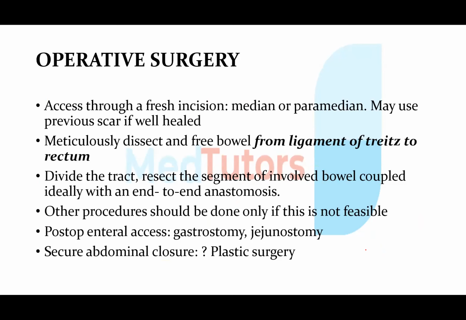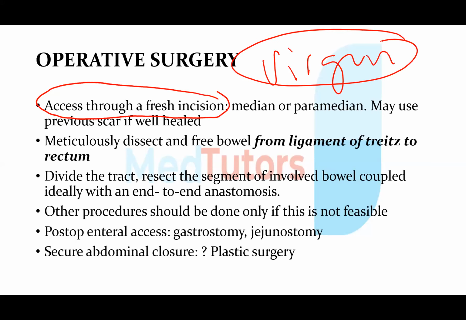Now, the principles of operating a patient with enterocutaneous fistula: number one, access should be through a fresh incision. It is called a virgin incision, okay? If you have an abdomen with a previous scar here and a fistula, you want to operate, start from a virgin incision, go above the previous scar, so that you don't hit a bowel and cause more enterotomies at entry.